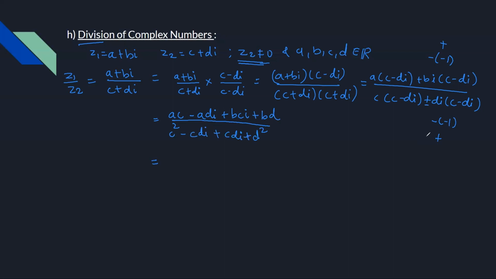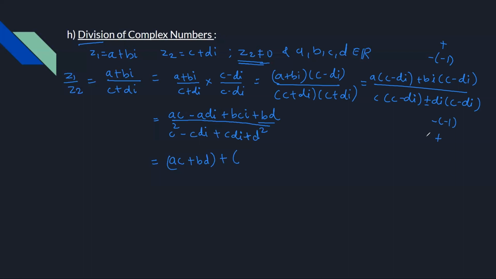Now we have to write this in the form of real part and imaginary part. So my real part is ac plus bd, correct? This is the real part. And what is my imaginary part? This and this.